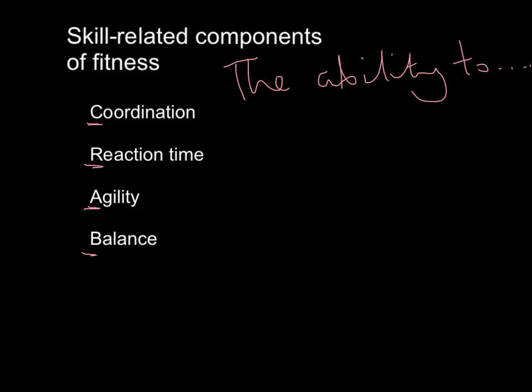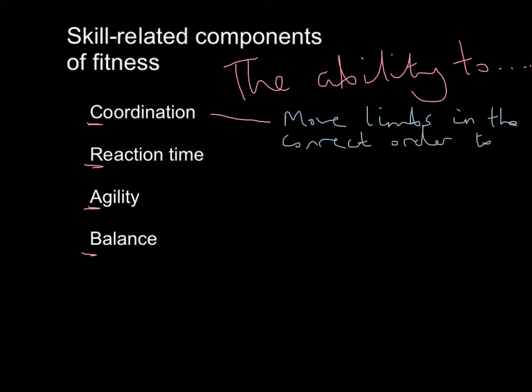So in terms of coordination, what we're looking at there is the ability to move limbs in the correct order to produce a movement. Okay, that is in essence what coordination is.